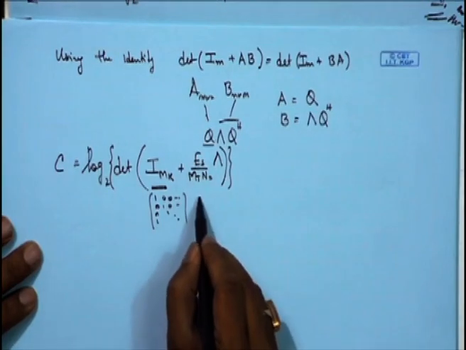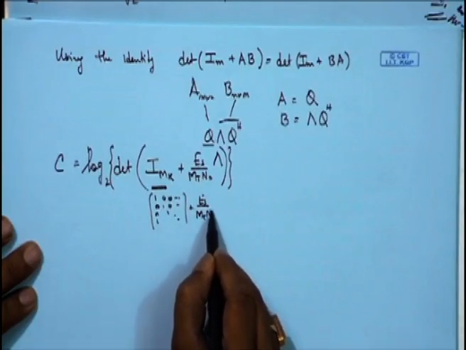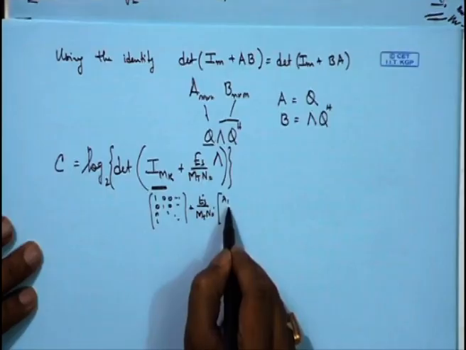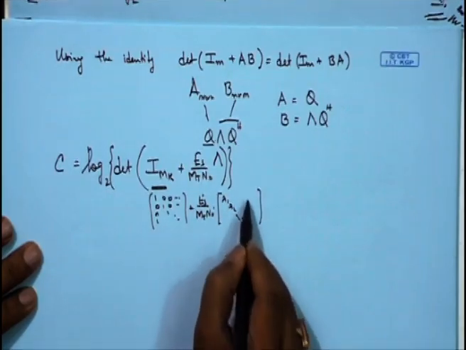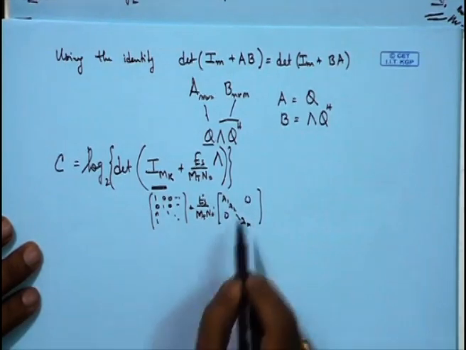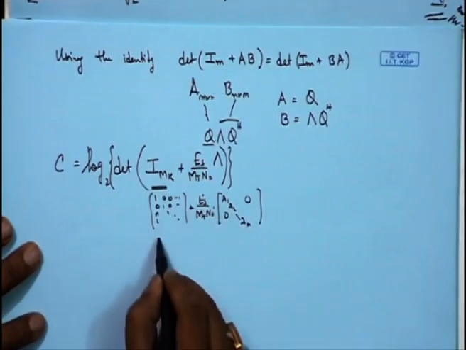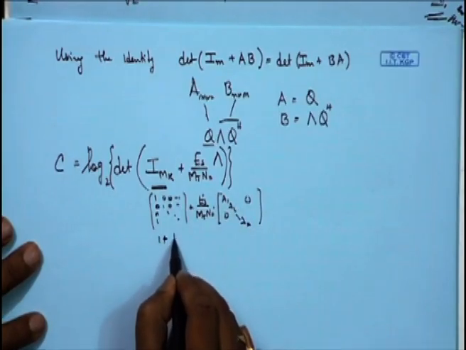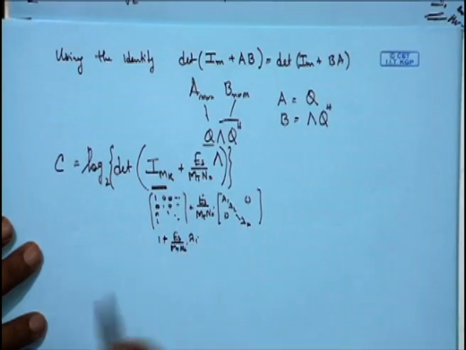What is this? You could write it as Es by Mt N naught times lambda 1, lambda 2, up to lambda R, or lambda M if we take Mt equal to Mr. So we have a sum of two diagonal matrices, which will again be a diagonal matrix with the elements as Es by Mt N naught times lambda i.